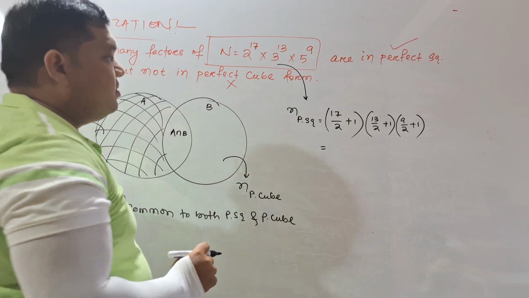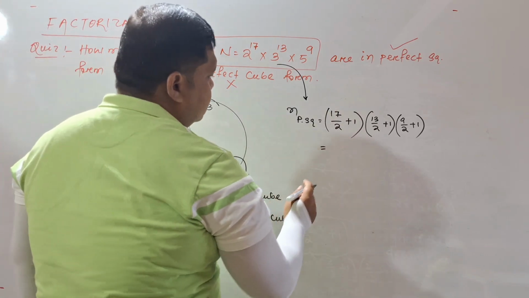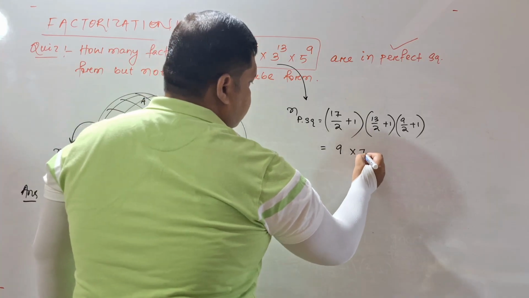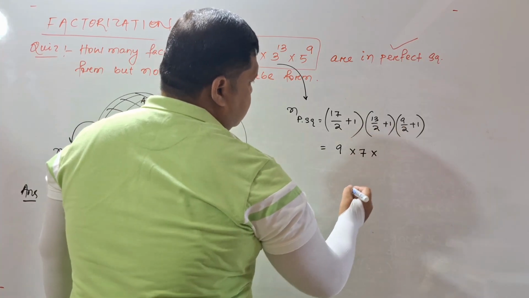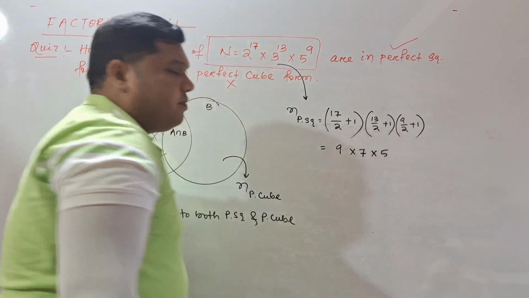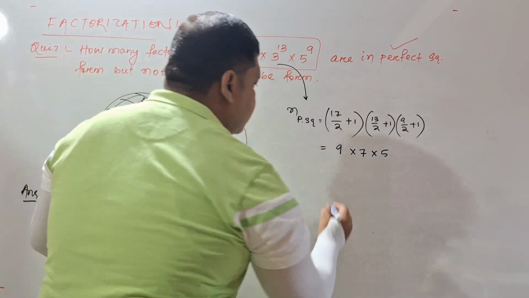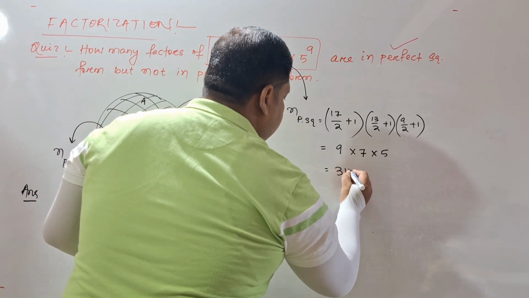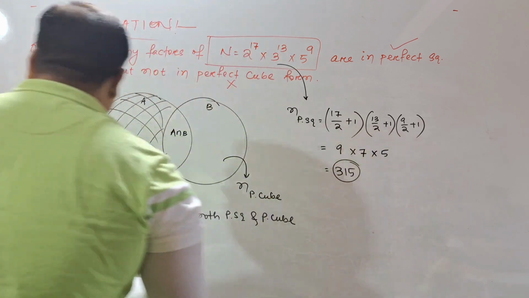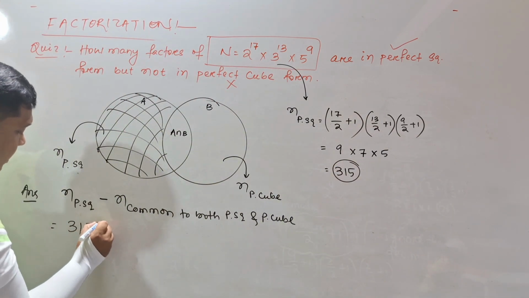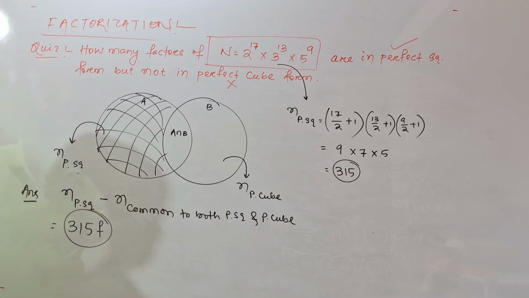So this is 8 plus 1, 9. Here this is 7, and here it is 5. 7 into 5, 35, 35 into 10, 350, 350 minus 35, 315. So here I will get 315. So 315 factors are in perfect square form.